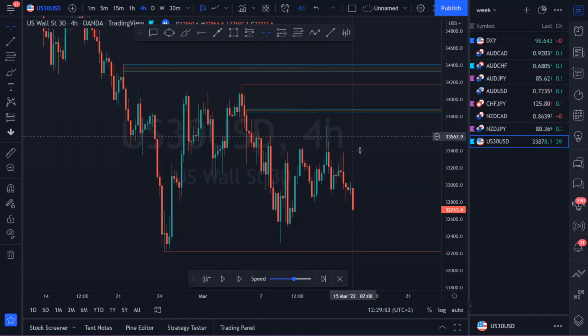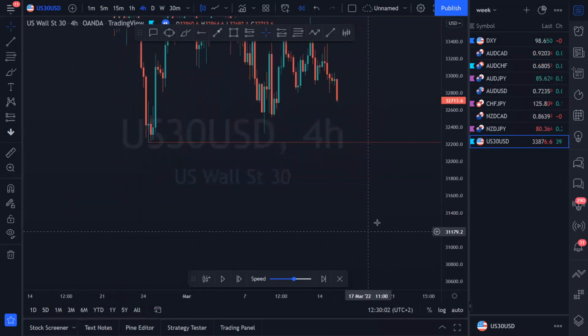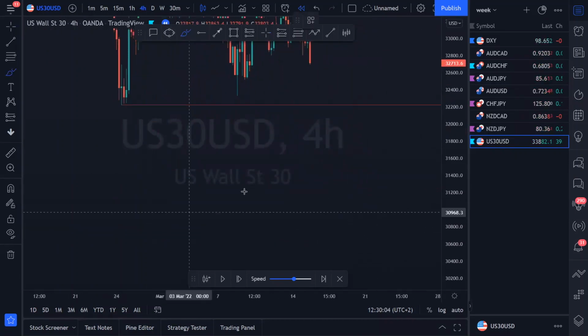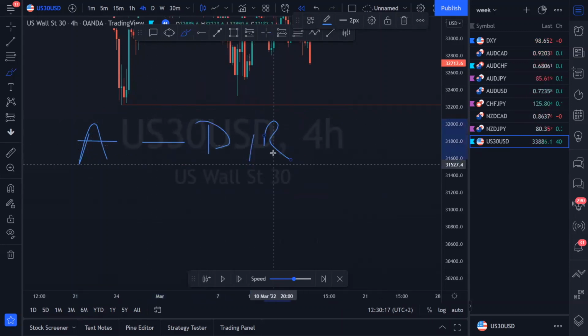So guys, getting started, what we're going to talk about is a nice process involving timing. How do we time the market and actually get good entries? Now, guys, we need to think about our whole process as a whole. We know that we do our analysis process, and our analysis process involves us finding different things. First of all, we need to know which direction we're looking to go.